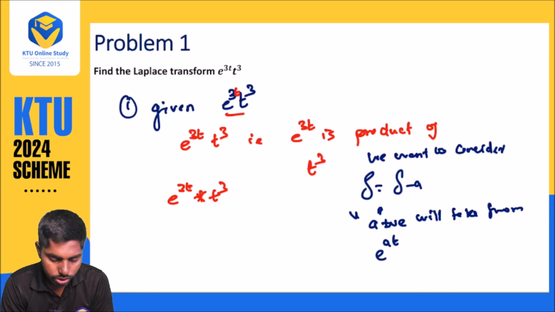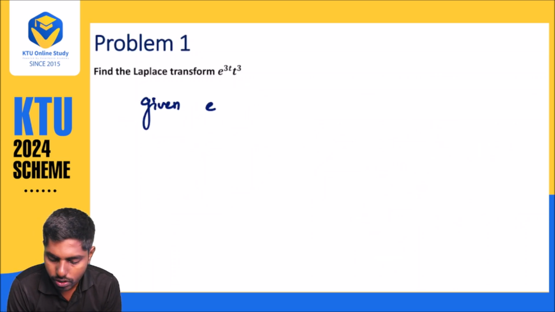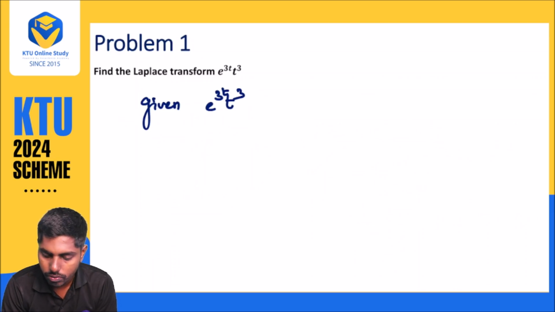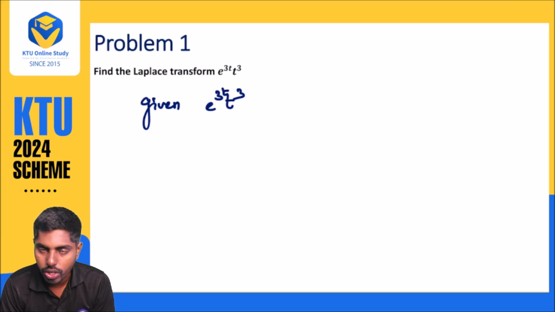So what is the question they have given? e power of 3t into t cube. So what is our formula? Find the Laplace. So f of t is equal to e power of 3t into t cube, and we want to identify the Laplace.